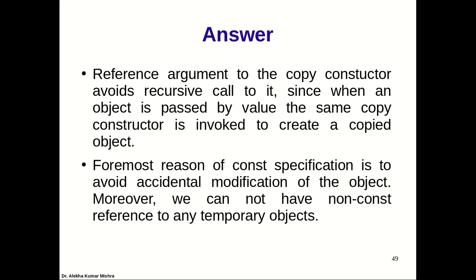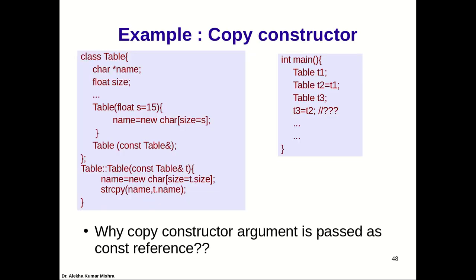Suppose instead of this reference, I simply write table t. What happens when you pass t1? It will be table t equal to t1. Indirectly we are again calling the copy constructor, so it will keep on calling the copy constructor indefinitely. To avoid that, we create an alias instead of creating another copy.